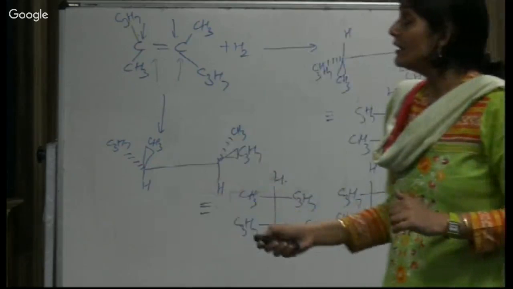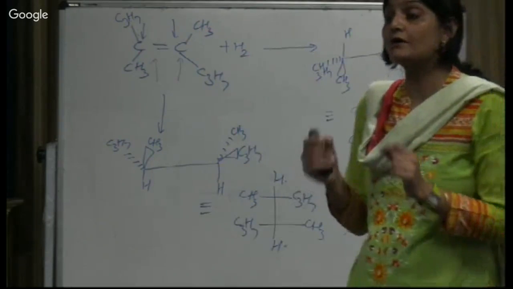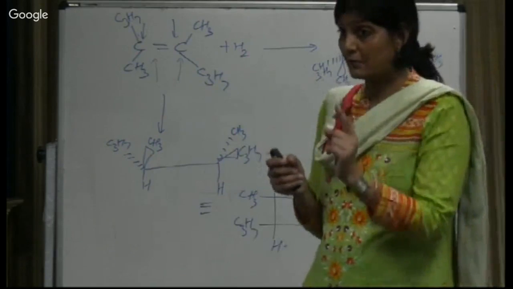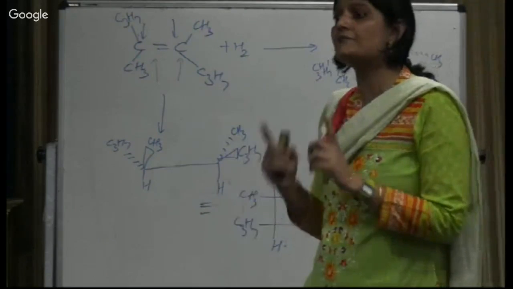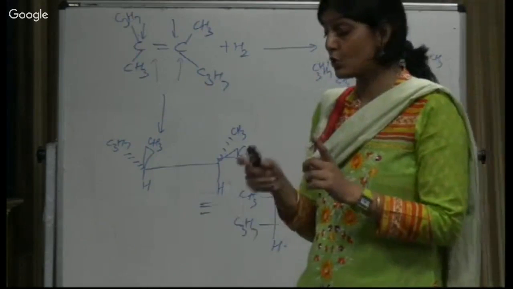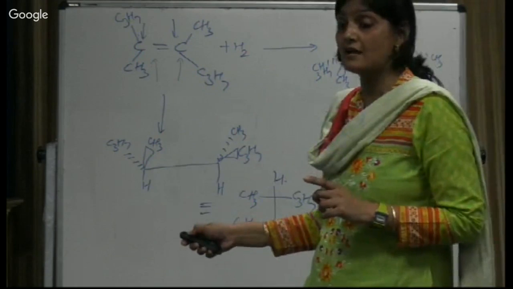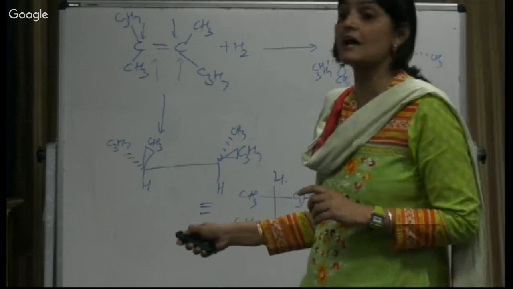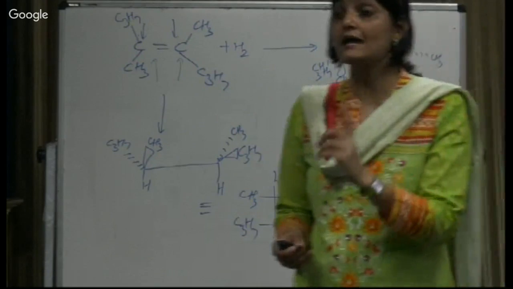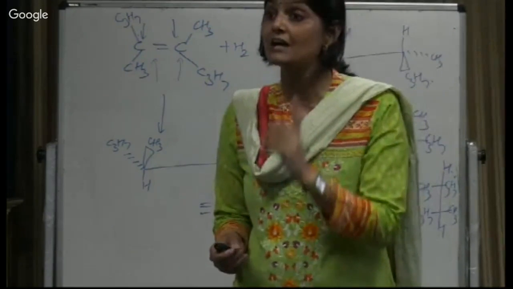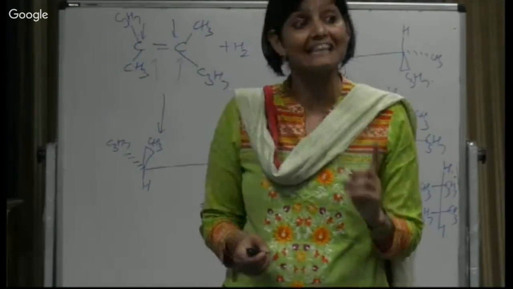Now, lithium aluminium hydride is a very strong reducing agent. Number one. Number two, tertiary alkyl halides are very, very reactive. So, you should avoid using lithium aluminium hydride when you are taking tertiary alkyl halides, because instead of the reduction reaction, they will undergo elimination reaction to give you alkenes.